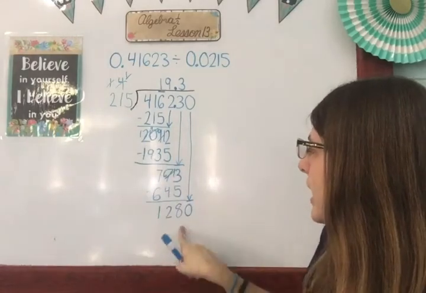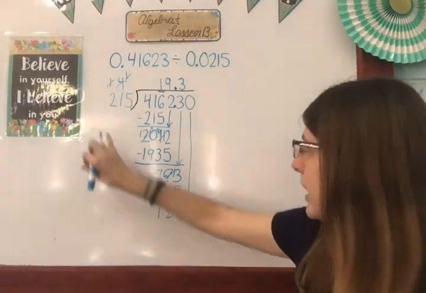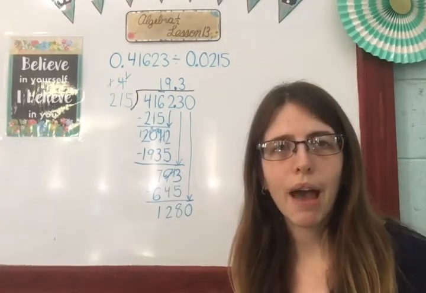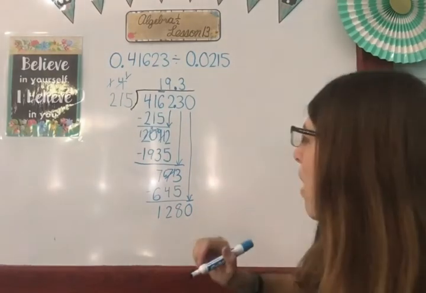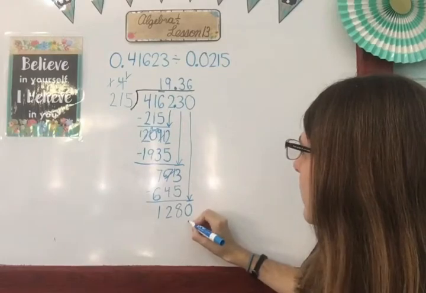So 215 into 1,280. That one, let's see, 2 goes into, I'm going to back up and say 12. 2 goes into 12 about how many times? It goes into 12 about 6 times, so I'm going to give that a try. 6 times 5 is 30.